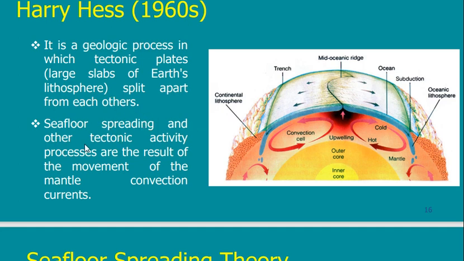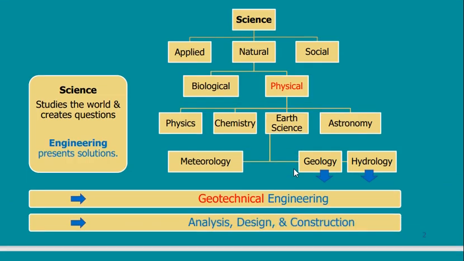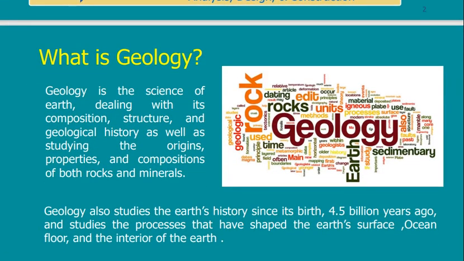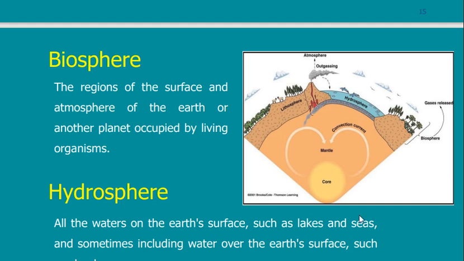Seafloor spreading and other tectonic activity processes are the result of the movement of the mantle convection currents. You remember from the other lecture, we said that there is something called convection currents. Let's see. You remember this figure? As I said, this figure is very good because it links many things together.